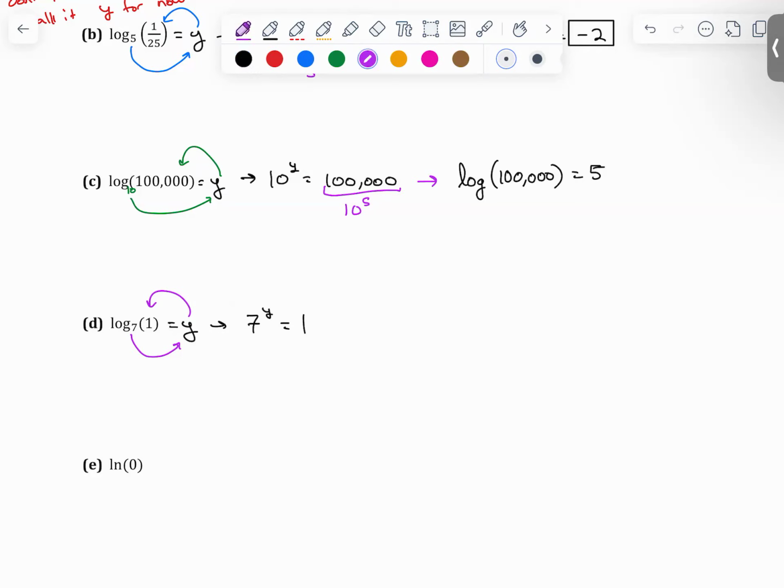What exponent do you need to raise something to get 1? 0. So this is actually 7 to the 0, right? Because anything raised to the 0, save for 0 raised to 0, that's indeterminate. But any non-zero number raised to 0 is 1. And that is to say that log base 7 of 1 is equal to 0.